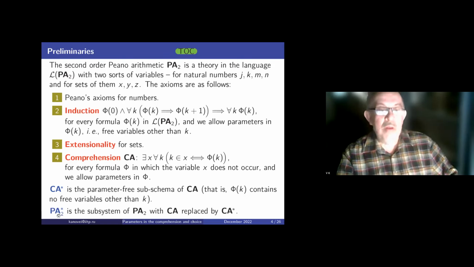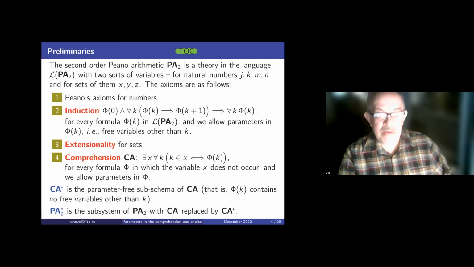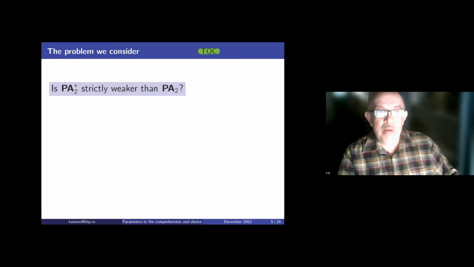And accordingly, PA second star is the subsystem in which CA star is used instead of CA. So star always means parameter-free form. So the main question is, of course, is PA star strictly weaker than just PA second?